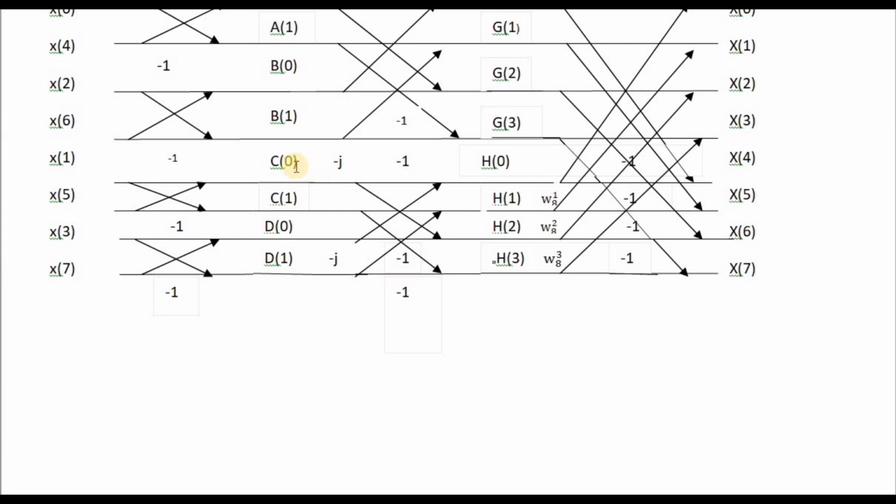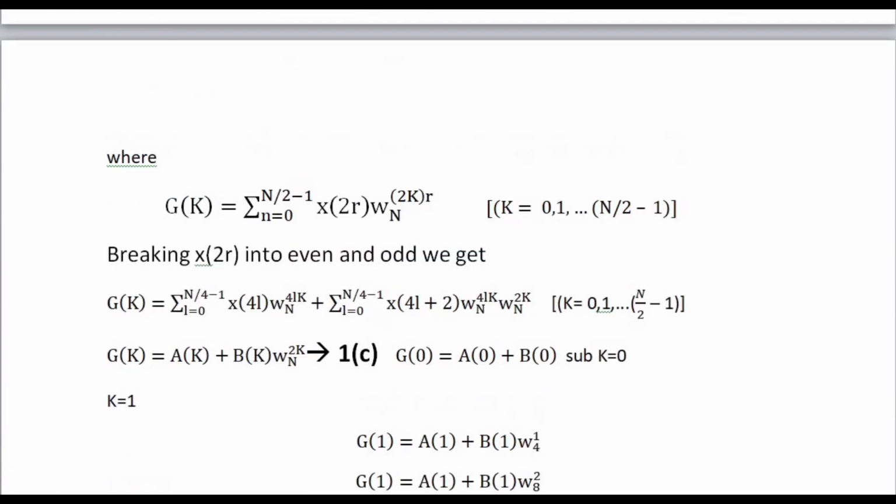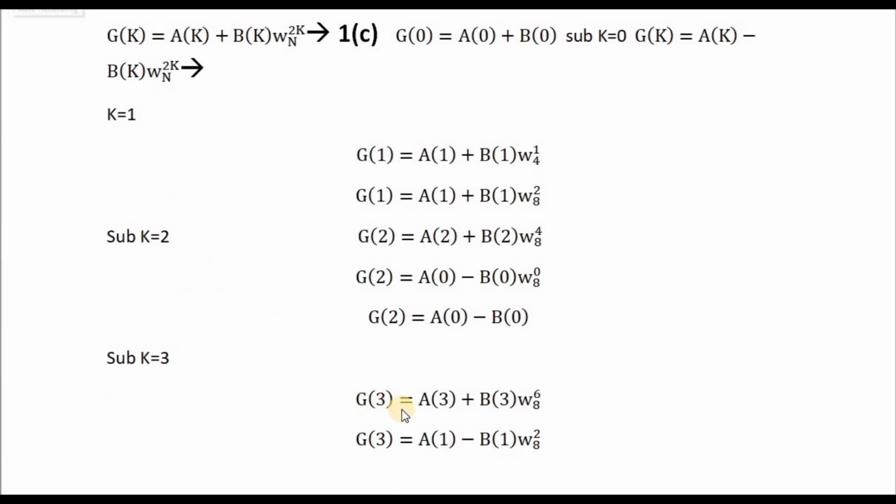Plus C0 into J. Okay, this is your G3. So if we see for G of 3, it has to be A of 3.